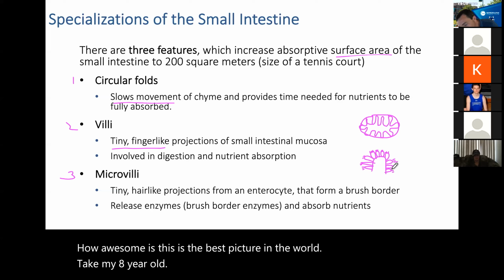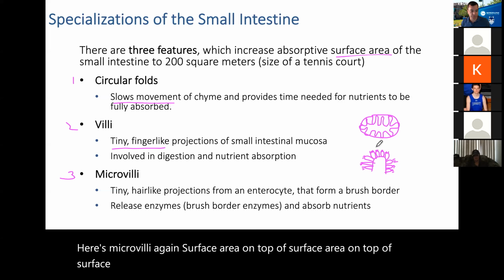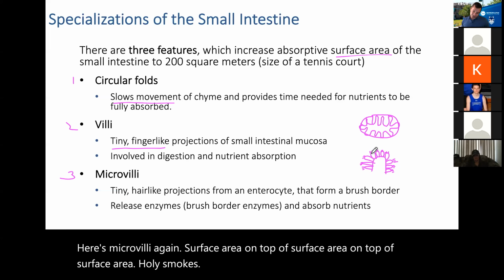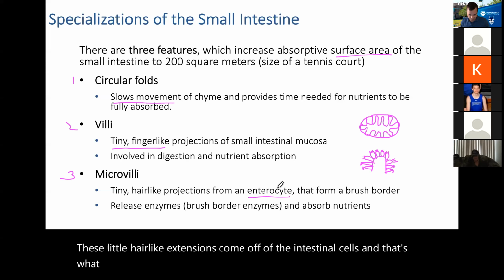Maybe. Yeah, he probably can. Okay. Here's microvilli. Again, surface area on top of surface area on top of surface area. Holy smokes. Okay. These little hair-like extensions come off of the intestinal cells, and that's what this is right here.